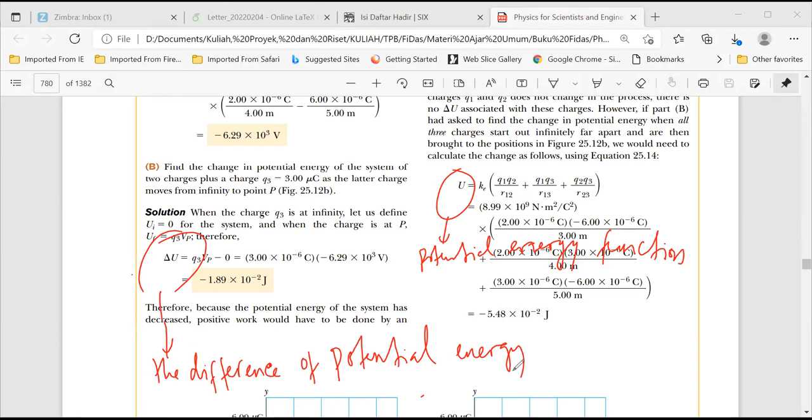So they are different. Question B is the difference of potential energy, while the what if question is the potential energy function. Okay, is there any question? Comment? No. Okay, let us move to the next.